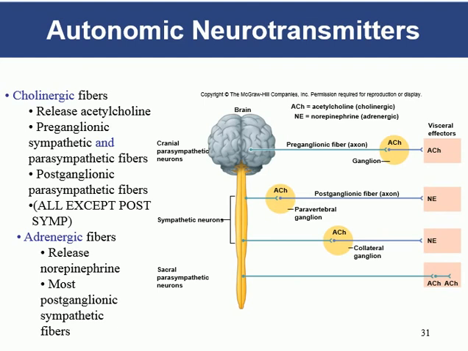So cholinergic, which uses acetylcholine, is sympathetic and parasympathetic preganglionic, and parasympathetic postganglionic, all except the sympathetic postganglionic. So if you look at this picture here, is this sympathetic or parasympathetic? Sympathetic. Where does the sympathetic originate from?